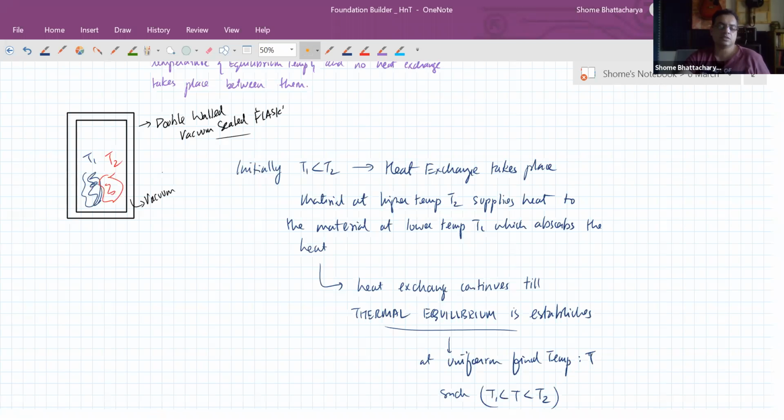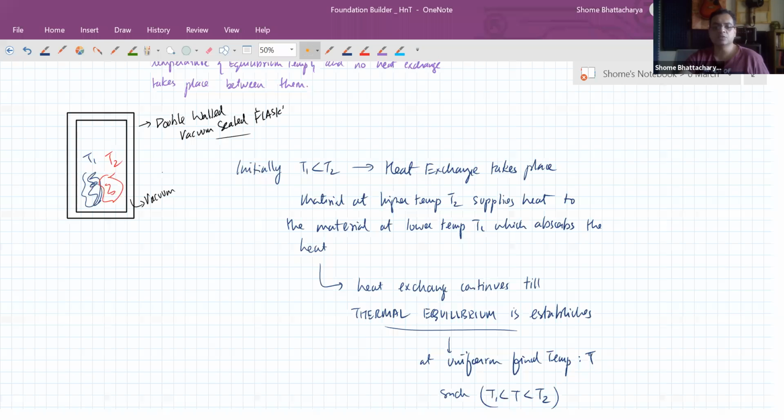And in the process, what the principle of calorimetry tells us is that the net heat supplied by the material cooling down will be equal to the net heat absorbed by the material which is increasing in temperature. We'll just write down the definition next, but it's very logical to understand that because it's a vacuum sealed or heat insulated container, there's no heat exchange with the surrounding.